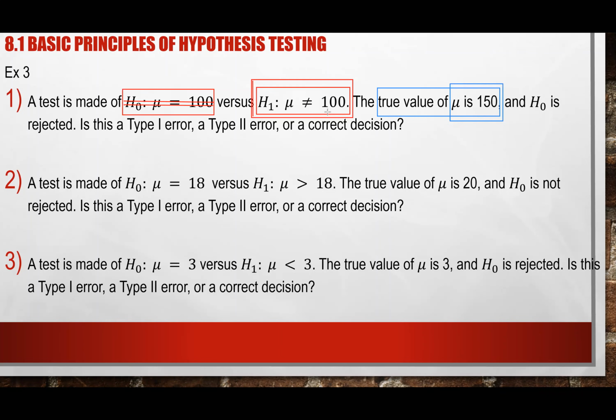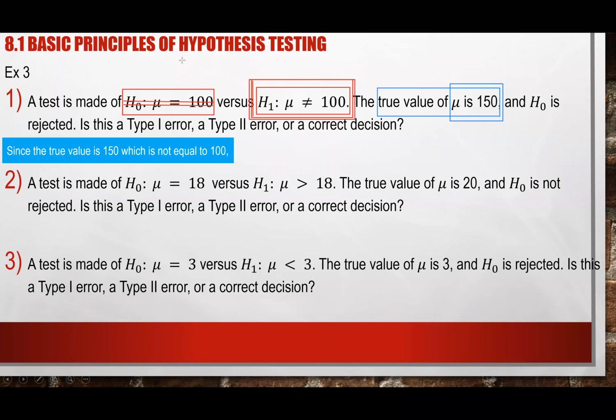Yes, it's a correct decision because, again, do you agree that we came out and this number is not equal to 100, which is correct. That's my claim. My claim is not equal to 100. So as long as this number is not equal to 100, and I throw this away, meaning I accept this, it is a correct decision. Since the true value is 150, which is not equal to 100, that is what my claim is.